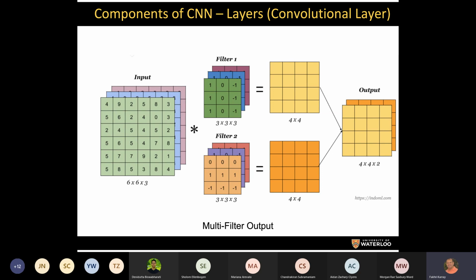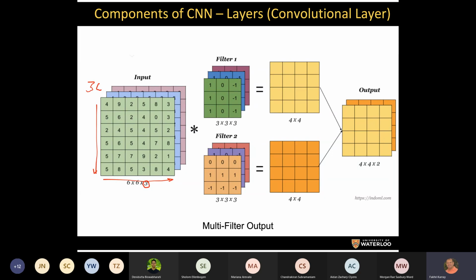We are subjecting the first image, which has 3 channels. The 3 channels are expressed here. The 6 by 6 is the dimension of this image, the 6 being the number of columns, and the 3 denotes the number of channels.